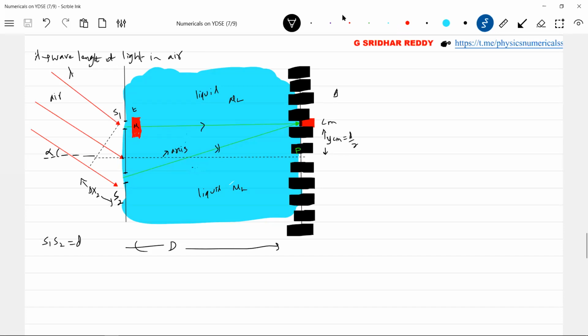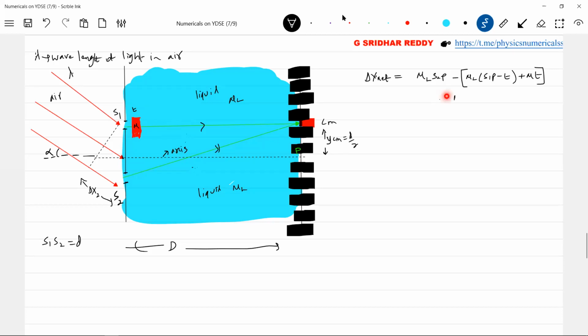Let me proceed with the mathematics. The path difference delta x net should be equal to mu L S2P, then mu L S1P minus T plus mu T. And before slits it is the same equation.